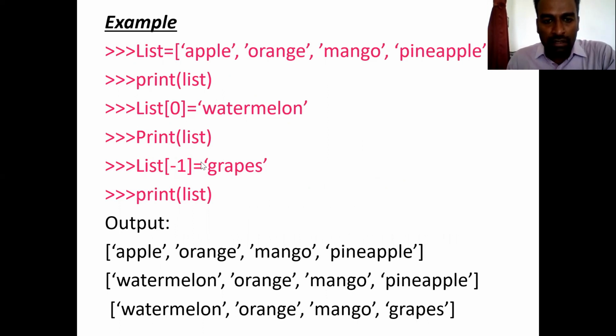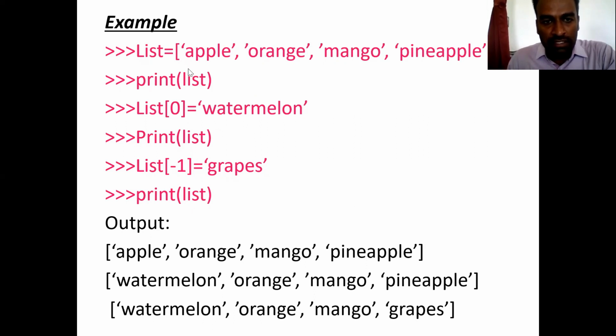So here we add the grapes element at index -1, that is from right to left. Print list. Let's take the example of the first 2 lines. We have 4 elements in the list. Print list. What is the output? Orange, mango, and pineapple. And then in the next statement, we add another element at list of 0.